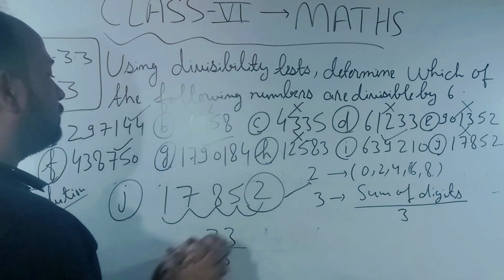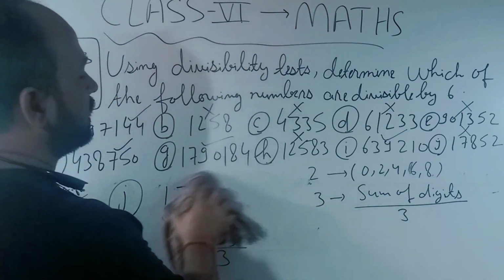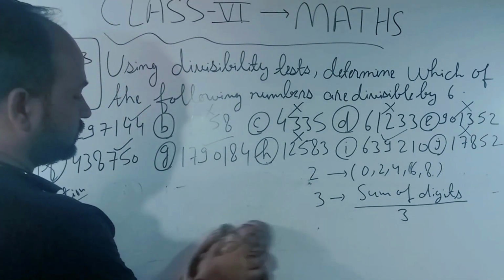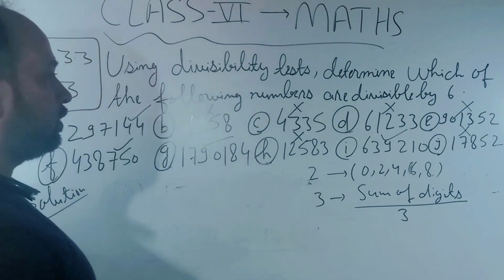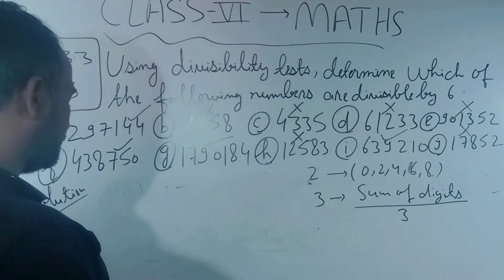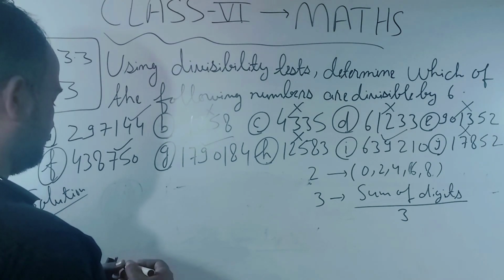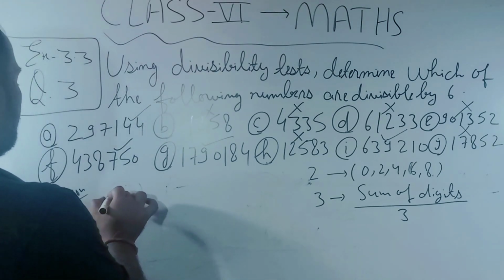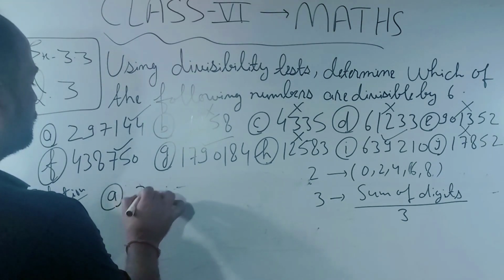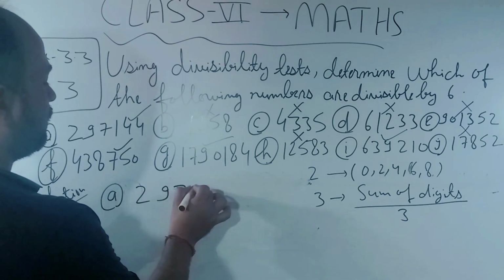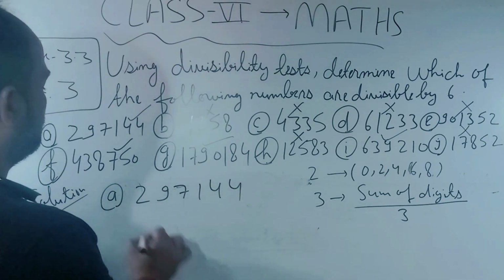Now I am going to write which numbers are divisible by 6, which we have already found. I am writing the numbers. See, the first number, 297144.